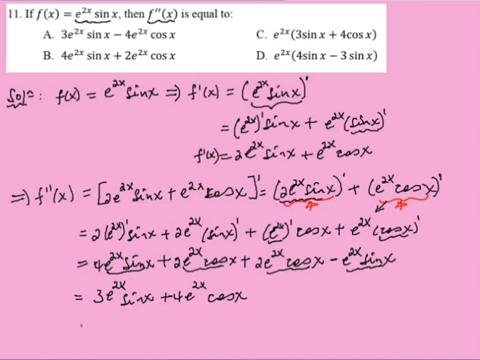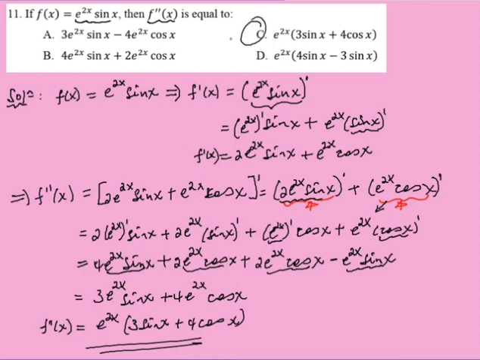So factoring out the common term e to the power of 2x, inside it will be 3 times sine x plus 4 times cos x. Therefore this is the second derivative of the given function. So our answer will be C.